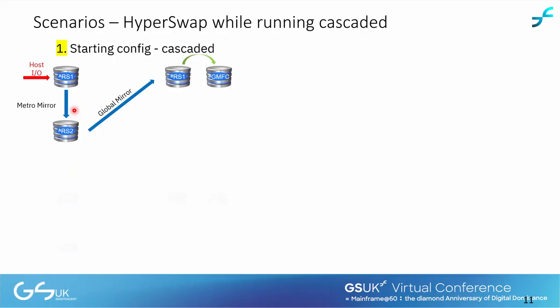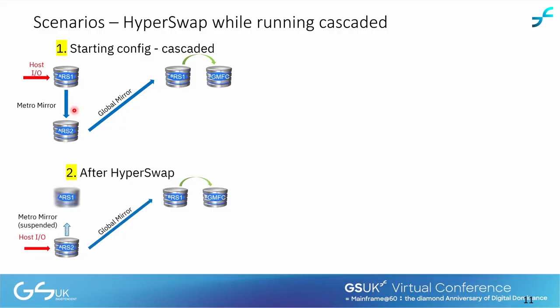Now, in the event that we were to perform a HyperSwap on the Metro Mirror leg, you would suspend Metro Mirror right here, and host IO, instead of taking place on RS1, would now take place on RS2. Your Global Mirror relationship between RS2 in region A and your region B RS1 devices stays the same, and you're still mirroring over there.